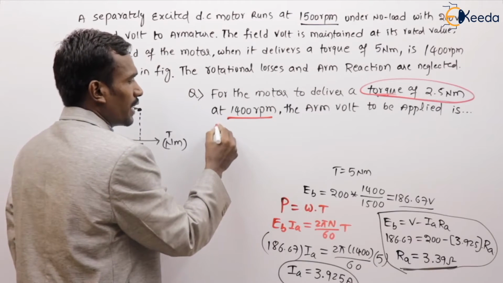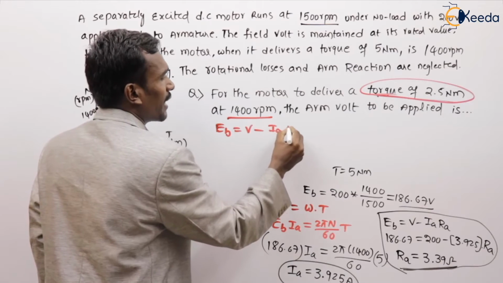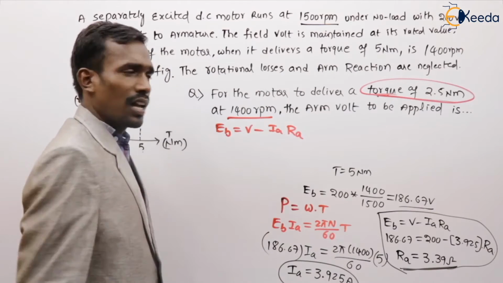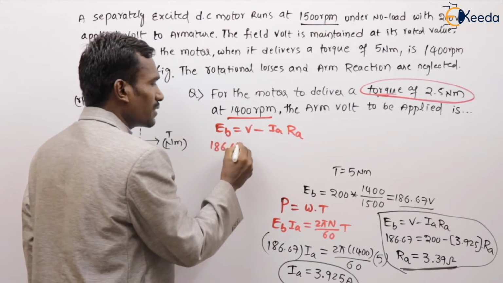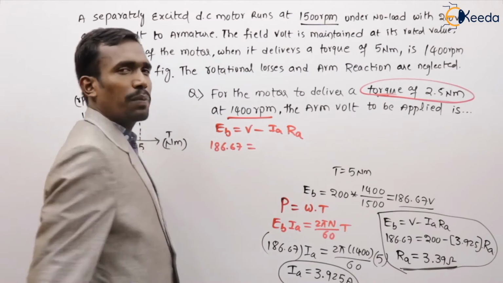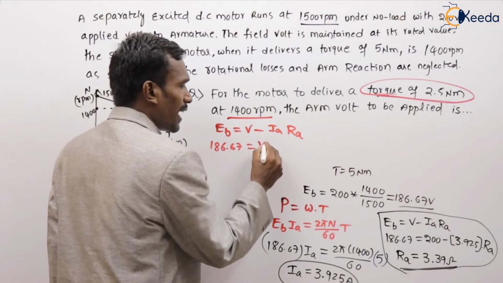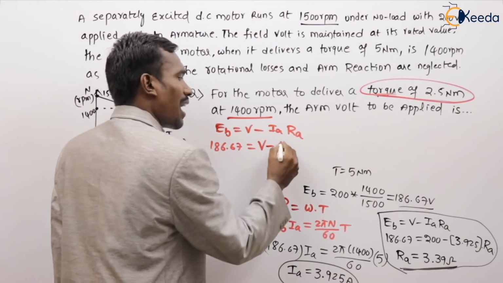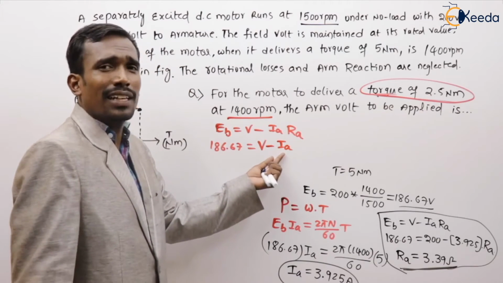actually, here EB is equal to V minus IA RA, and EB at 1400 is 186.67, which we just calculated, is equal to V we have to find out, minus IA also we have to find out, because this is another IA.